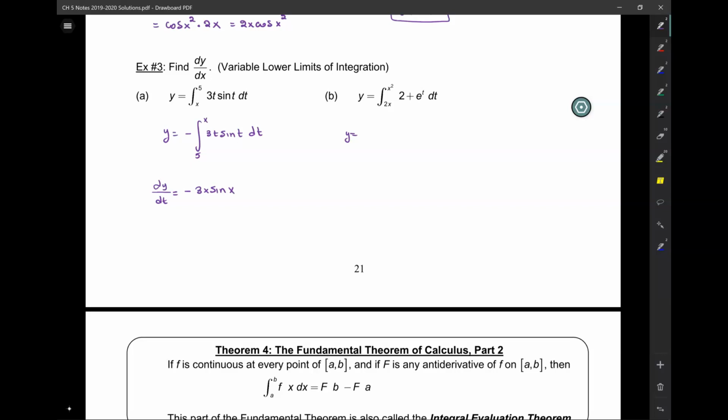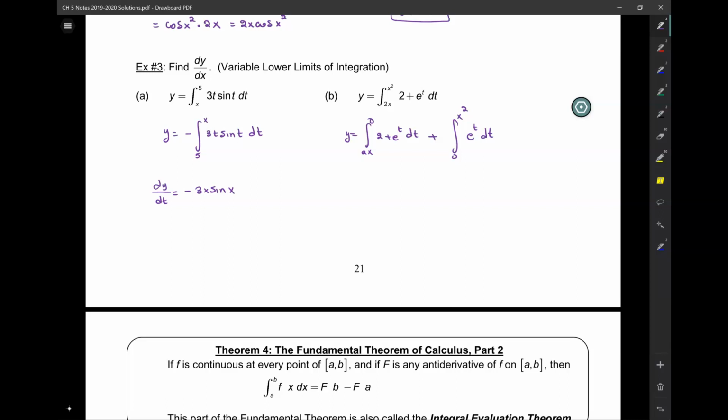So now I need one integral that goes from 2x to 0 of 2 plus e to the t dt, and then another one that goes from 0 to x squared of e to the t dt. So I split it up from 2x to 0, then from 0 to x squared.